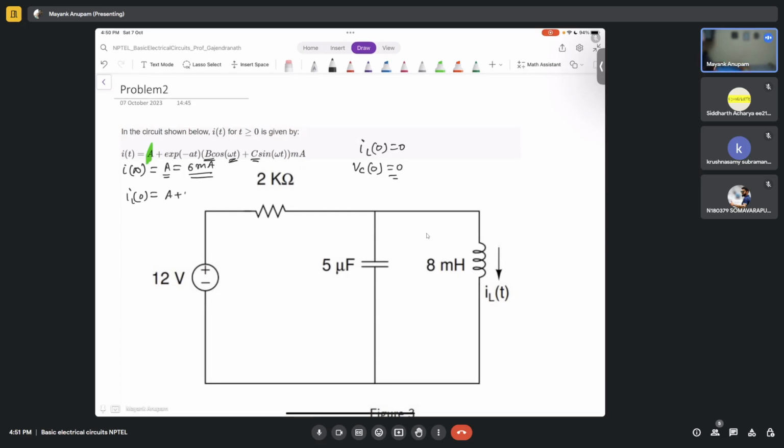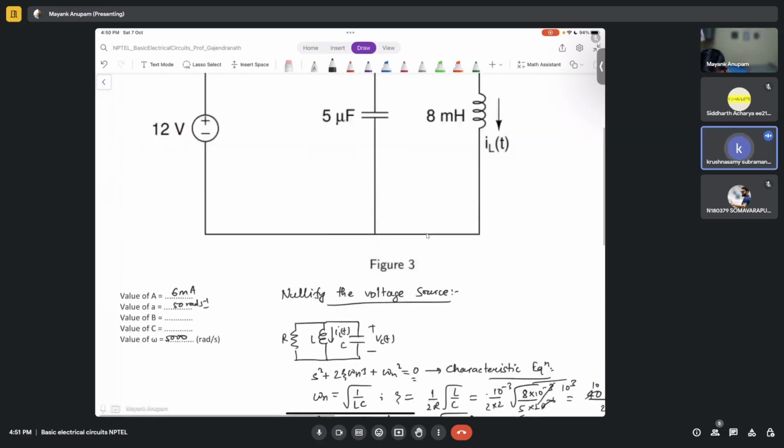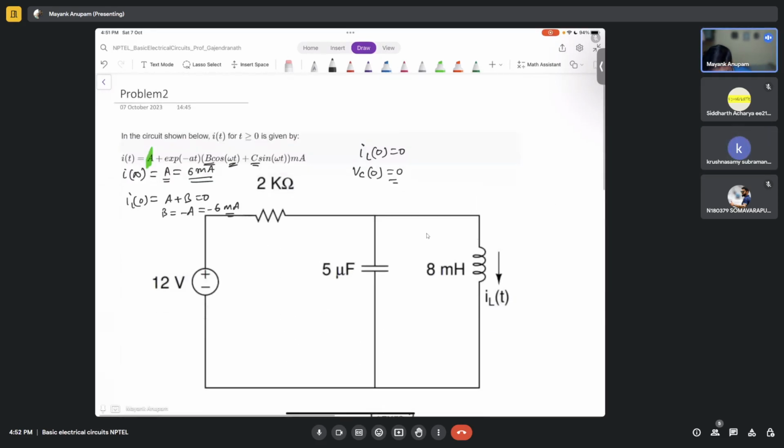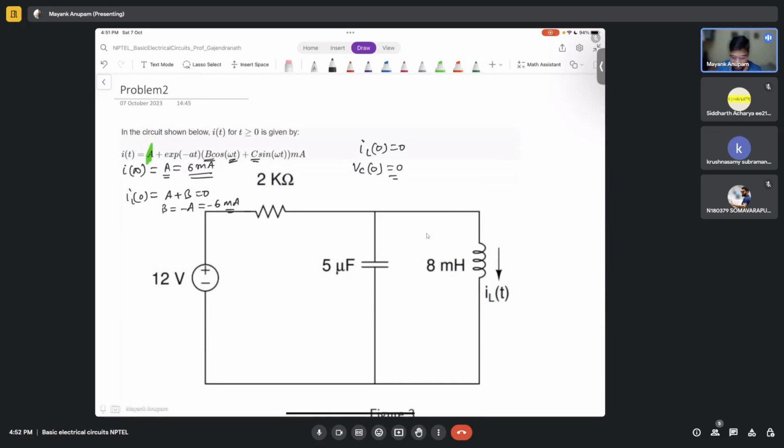So what is IL of 0 here? A plus B, right? This has to be equal to 0. So what is B equal to? Minus A, which is equal to minus 6 milliamperes. And C you have to find out in the same manner as we did earlier. You know that the current here is the current here, right?